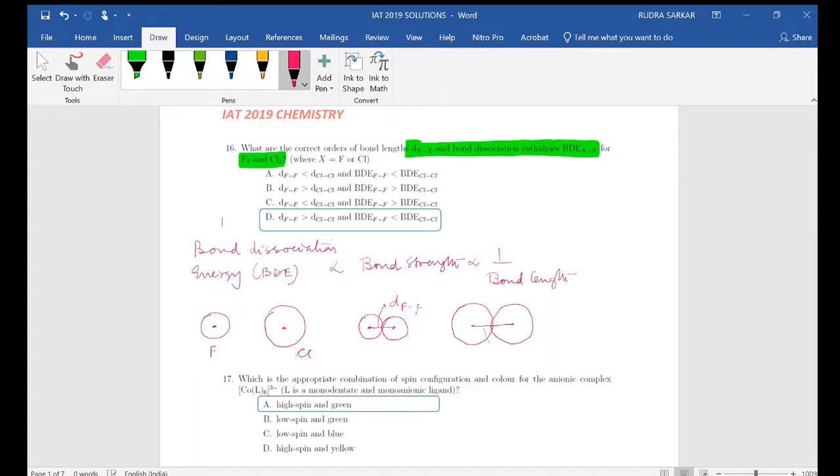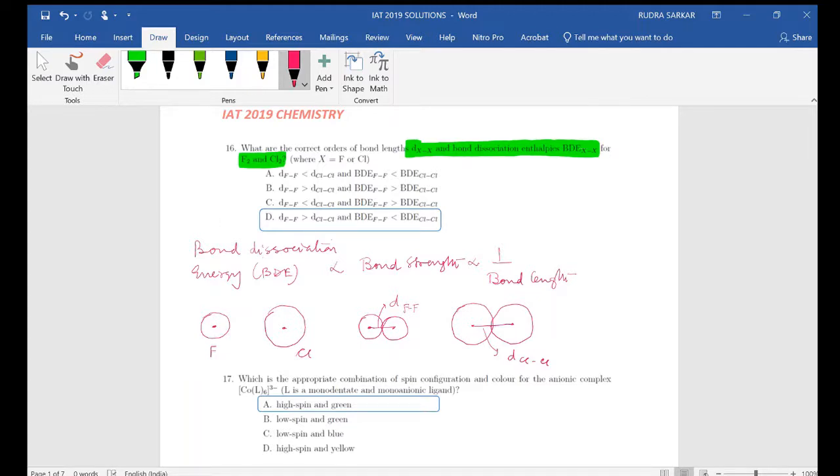Obviously over here we are saying that is the distance dCl. Looking at this diagram, what one can conclude is that dFF will be smaller than that of dClCl, but that is not the case.